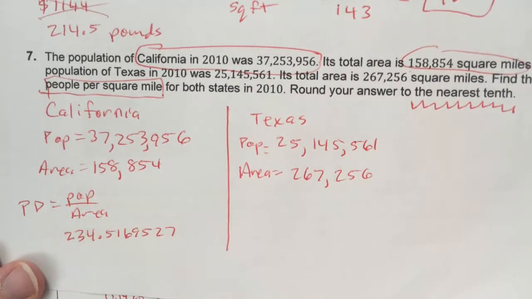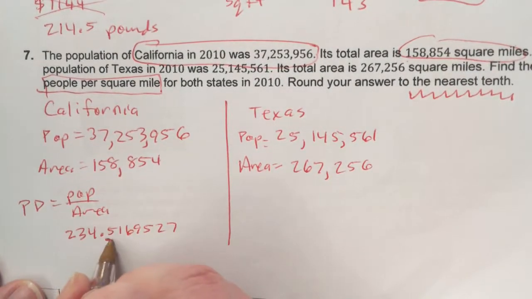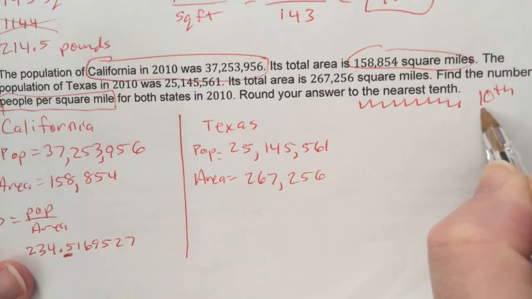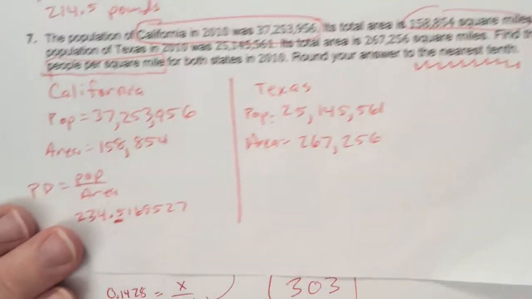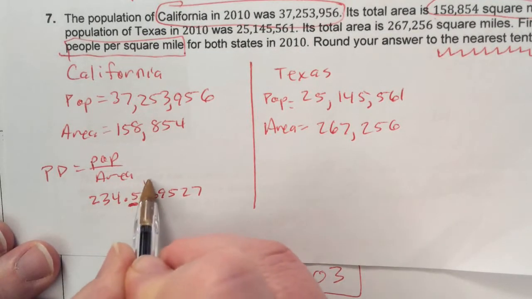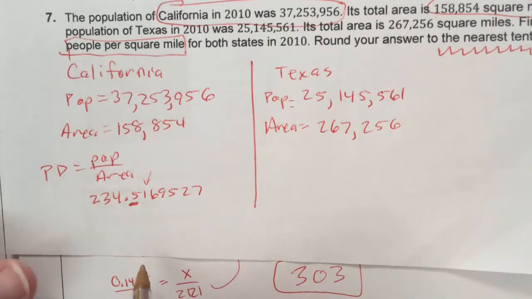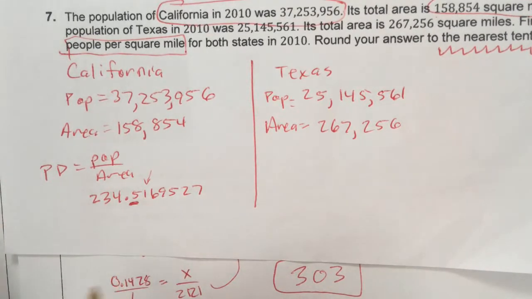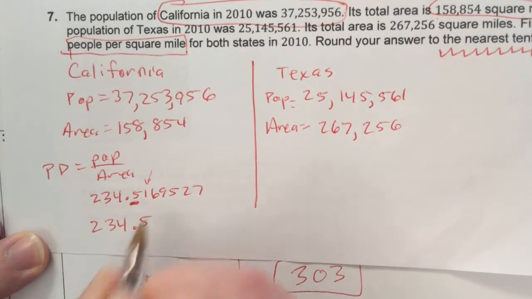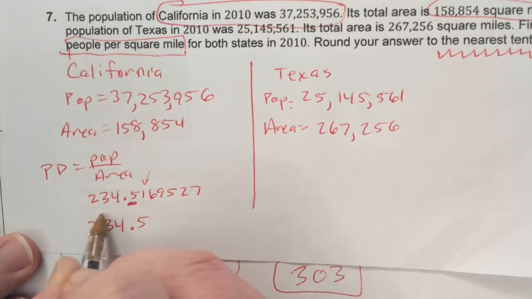So we go one decimal place. Are we staying at 0.5 or going up to 0.6? That decision is made by the number after it. 1 does not make it over the hill, so we stay where we're at. So 234.5. That is for California.